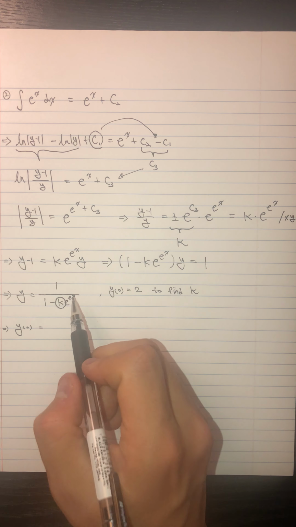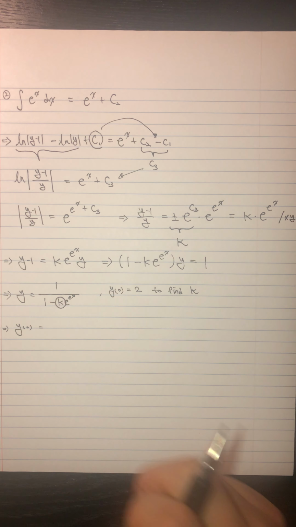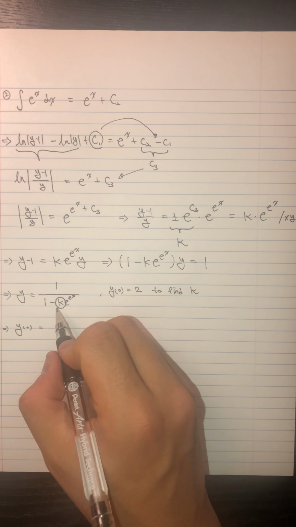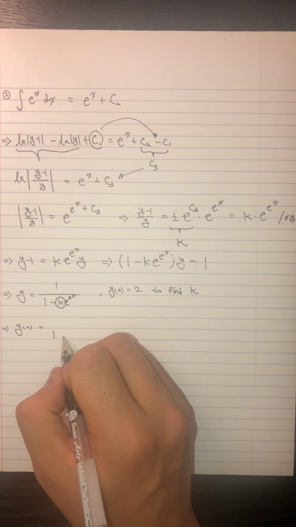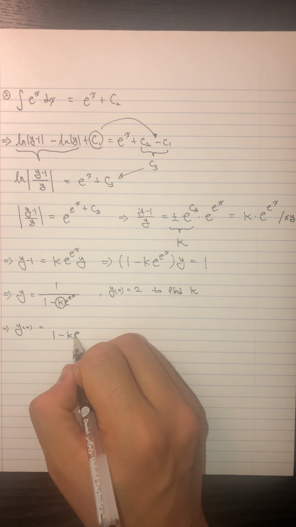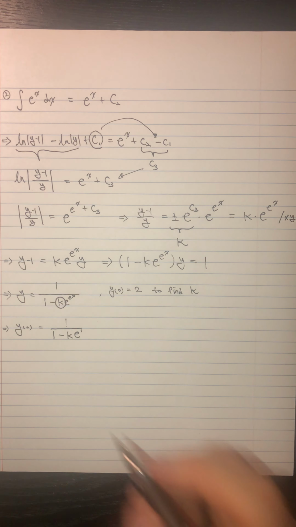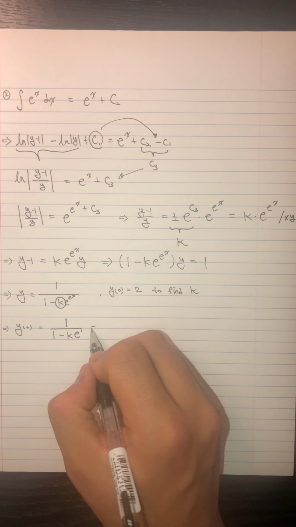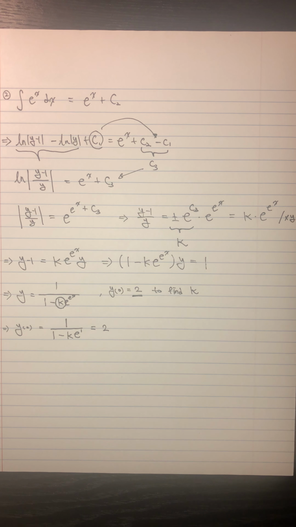So exponential 0 equal to 1, so this term will be just e to the 1. So 1 over (1 minus k e) equal to 2 from here.